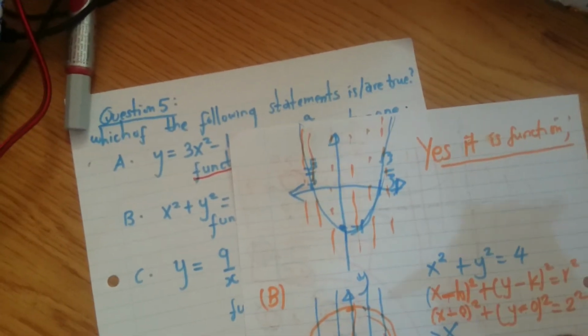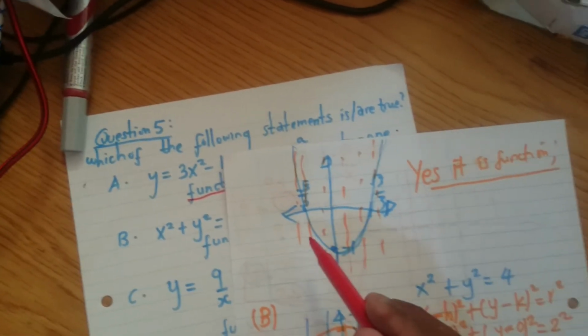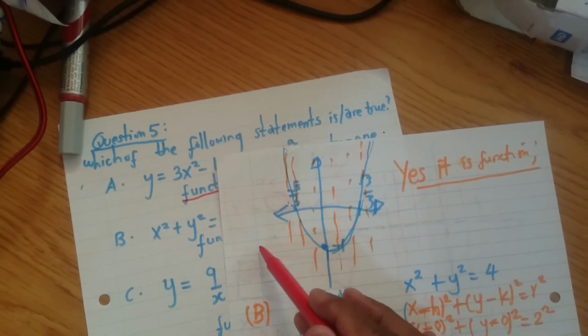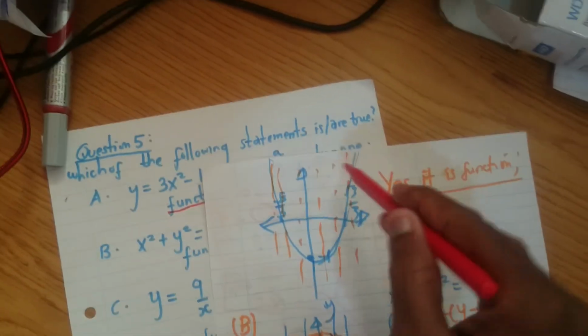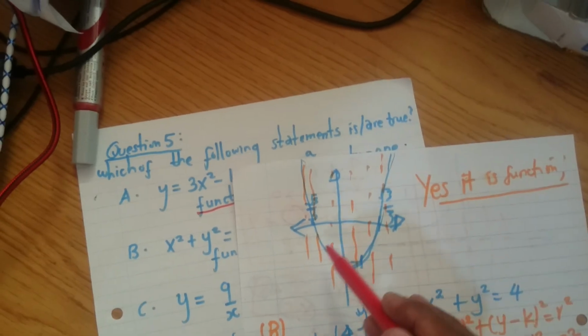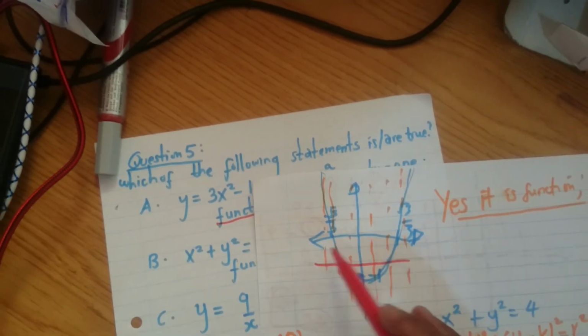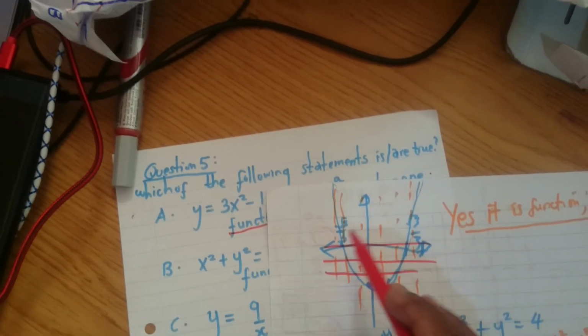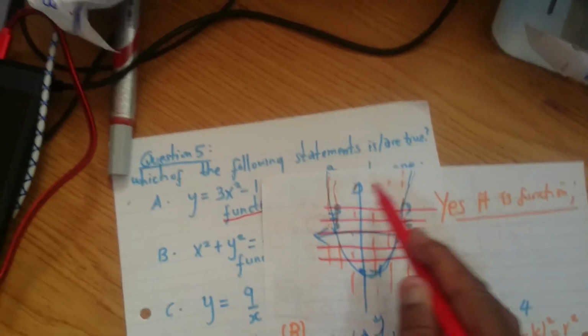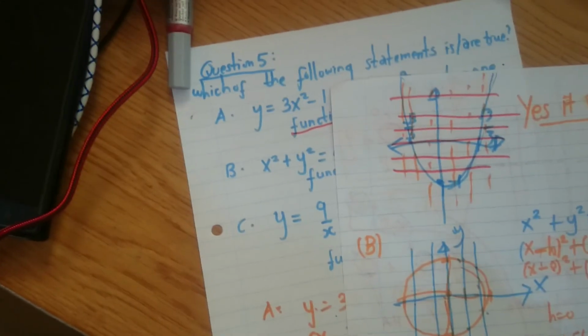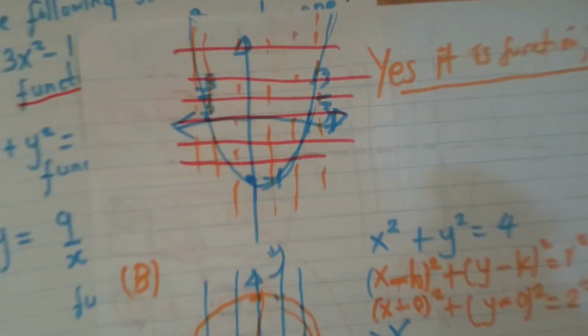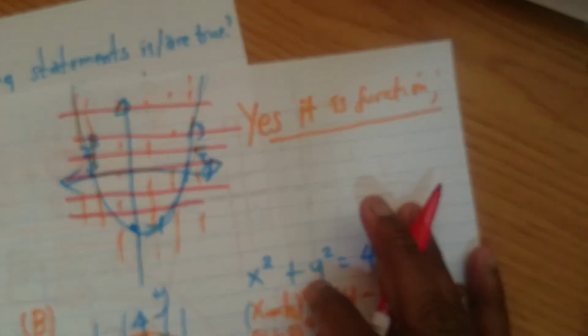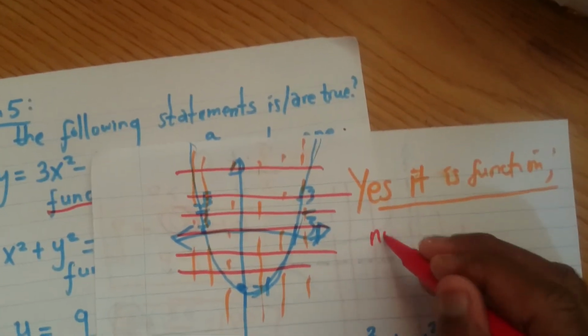It is a function, we agree, but let's draw a horizontal line, because to test for a one-to-one function, after we have confirmed it is a function by drawing the vertical line, now we have to draw a horizontal line. Oh, so it cuts more than once. So if it cuts more than once, it means it is a function, but it is not a one-to-one function. So this is false.